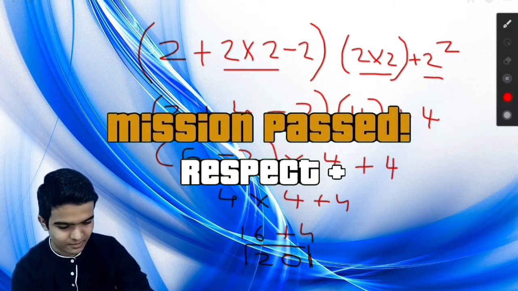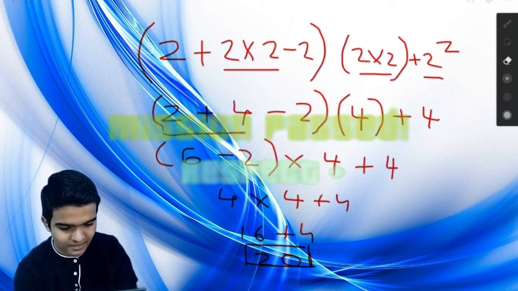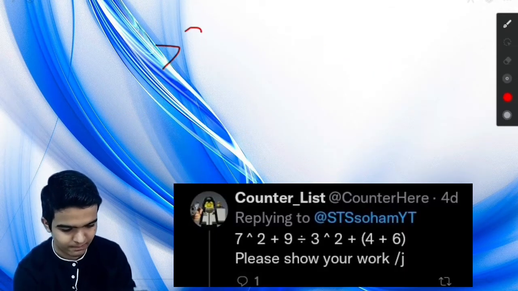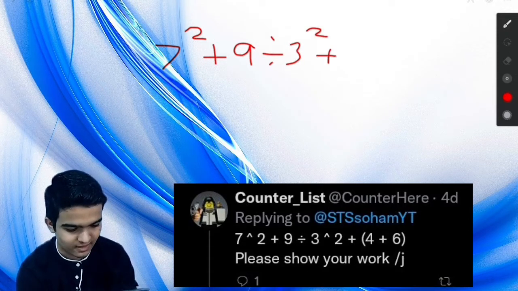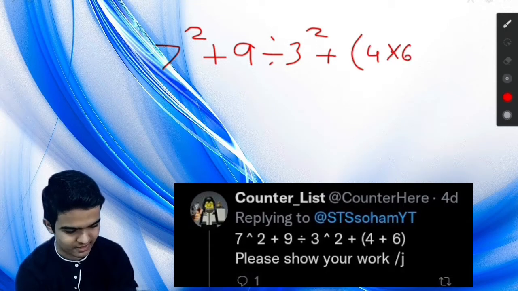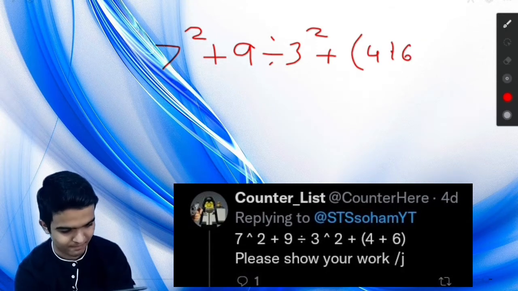So let's continue our work. The next question is 7 square plus 9 minus 30 divided by 3 square plus 4 into 6, plus 6.